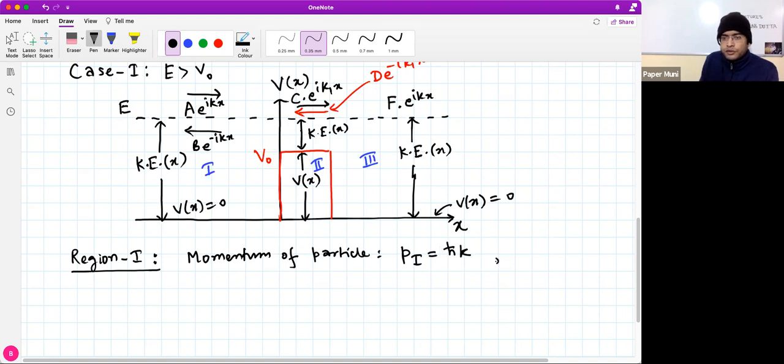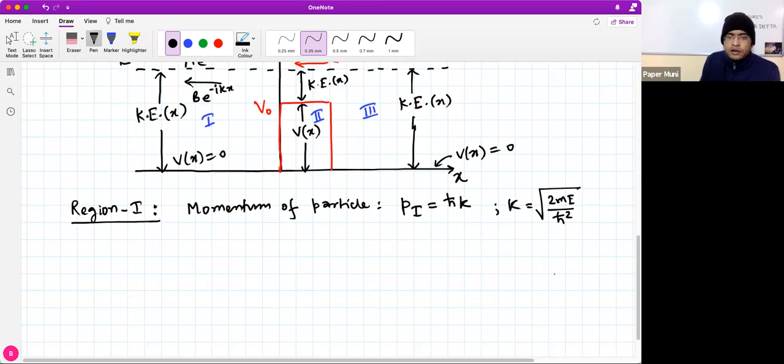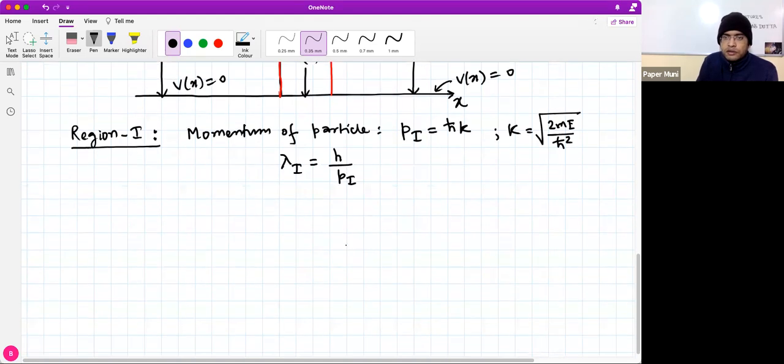Here k is defined as the square root of 2mE by h cross square. All right, and so we can get the de Broglie wavelength, which is lambda 1 equal to h by p1. So this is the momentum and this is the de Broglie wavelength of the de Broglie wave in this region.